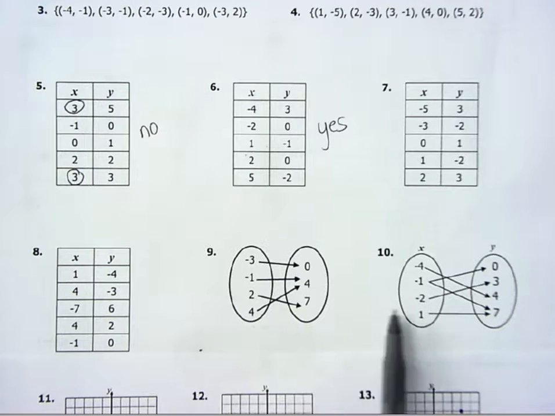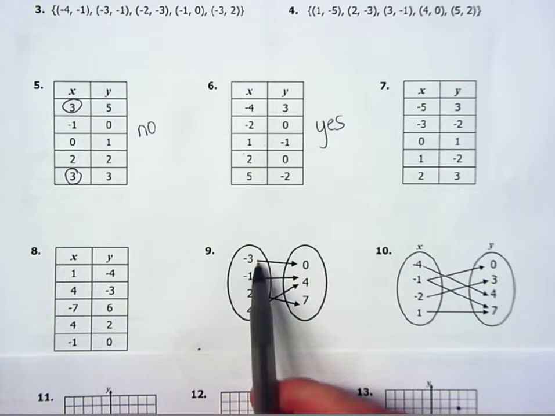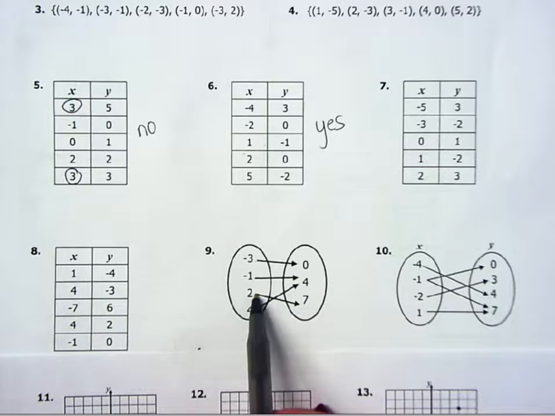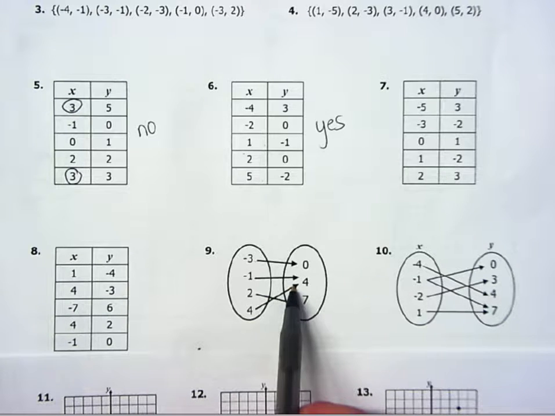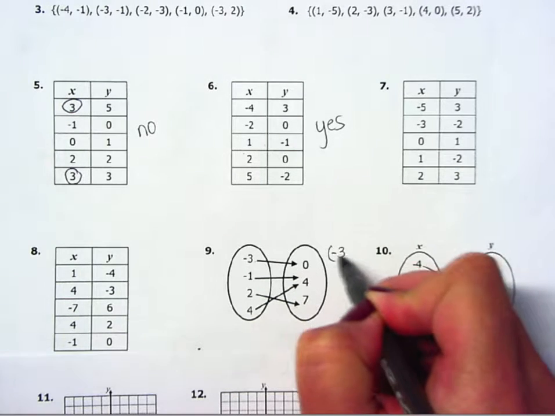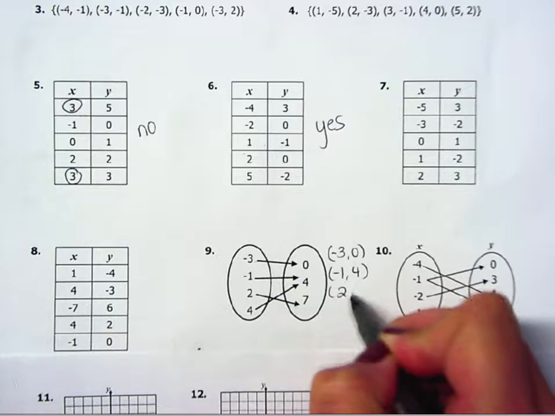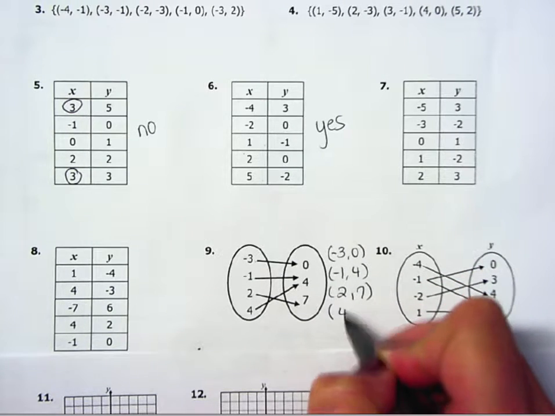In numbers 9 and 10, we're looking at a mapping. If we think about the points we have here, we would have the point (-3, 0), (-1, 4), (2, 7), and (4, 4).